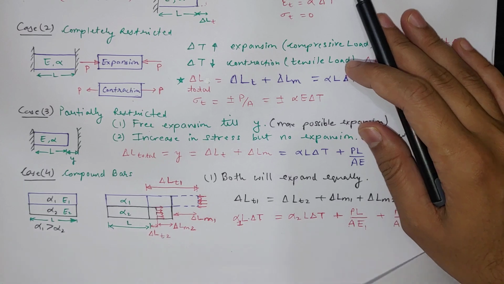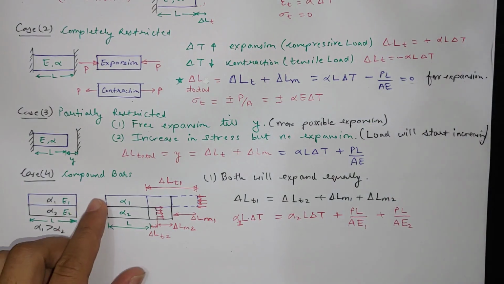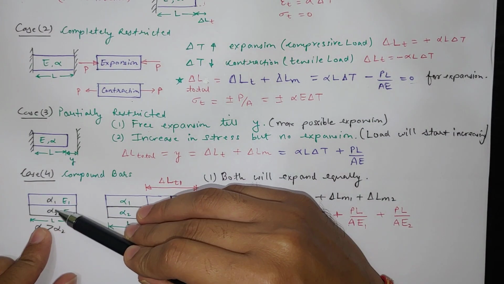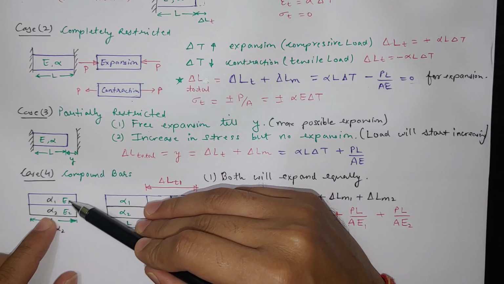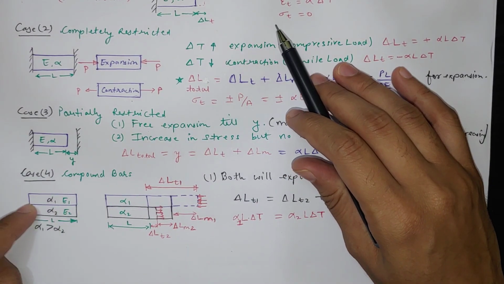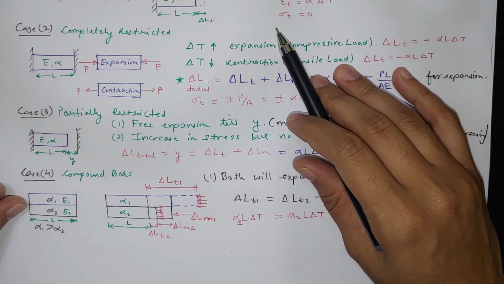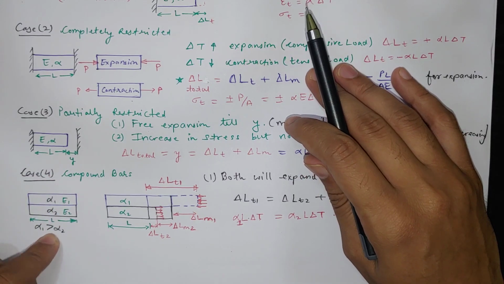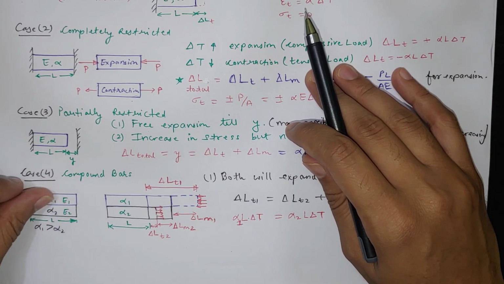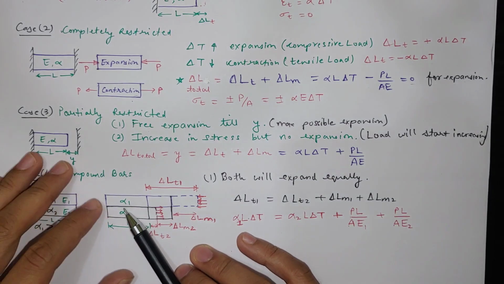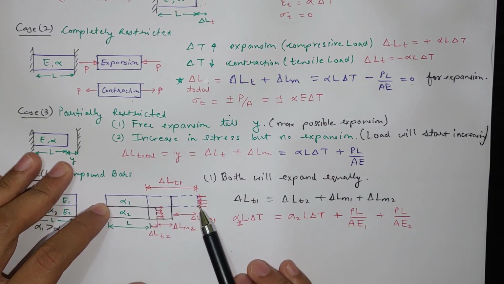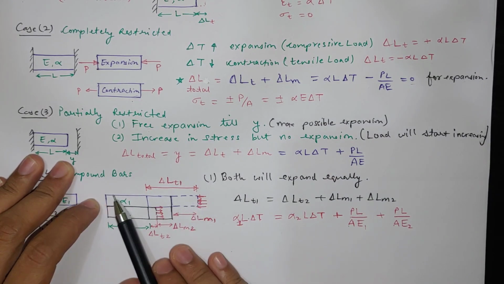In the next case, compound bars, we have two materials, alpha 1, alpha 2, E1, E2. These two, blue color and black color, are joined in parallel, and alpha 1 is greater than alpha 2, so expansion of 1 will be more. This blue color will expand till here because its alpha is more.